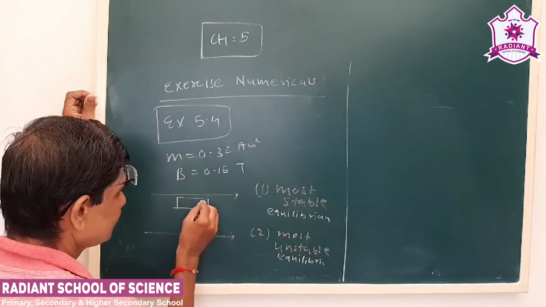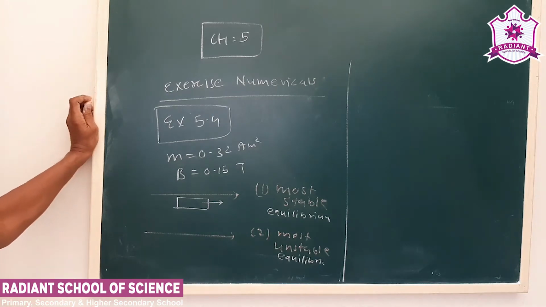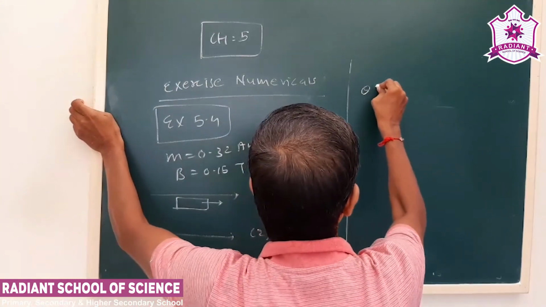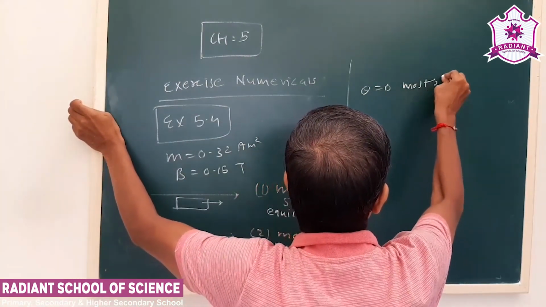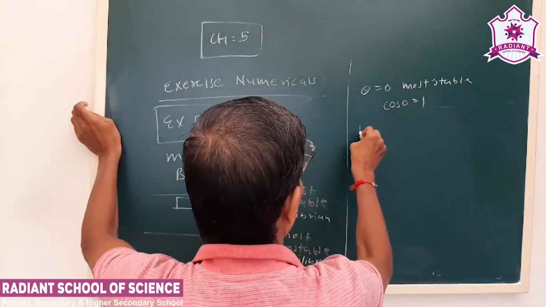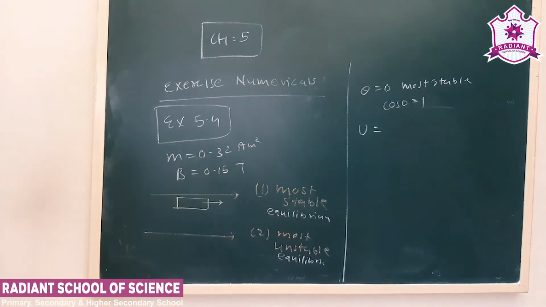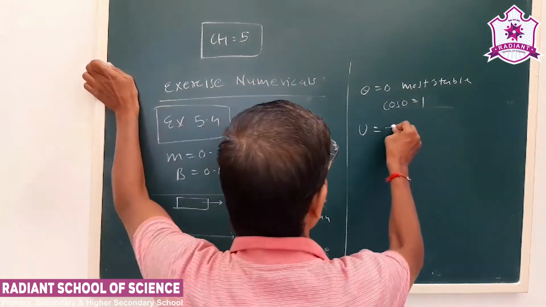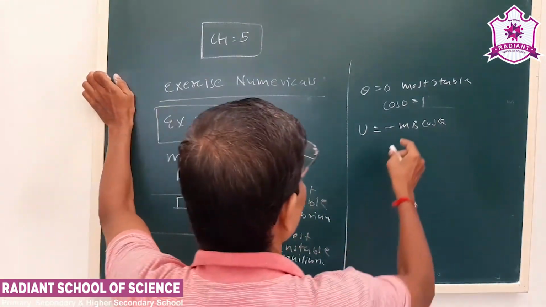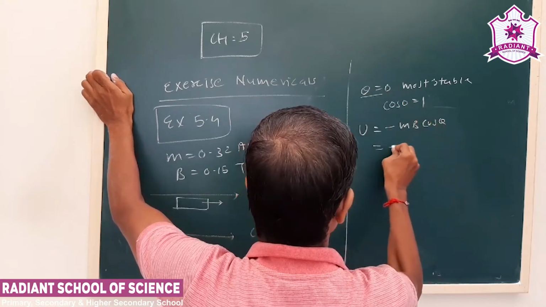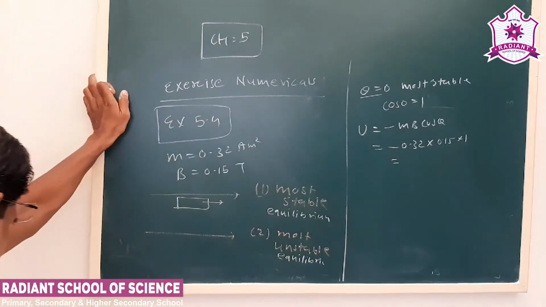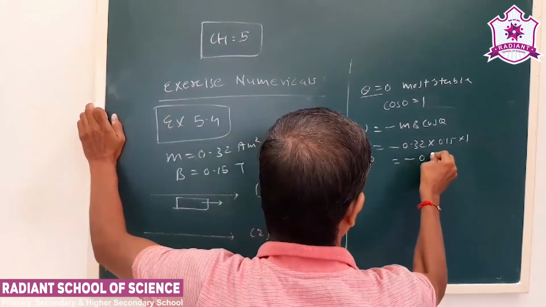Now see, when it is placed parallel to the field, theta is equal to 0, it is the most stable condition. Now cos 0 is 1. What is the formula for the potential energy of the dipole or a bar magnet? It is minus m B cos theta. Here m and B are given. Theta is 0, cos 0 is 1. Now we can substitute, minus that value.